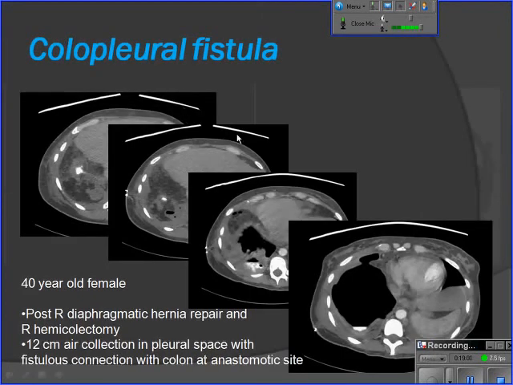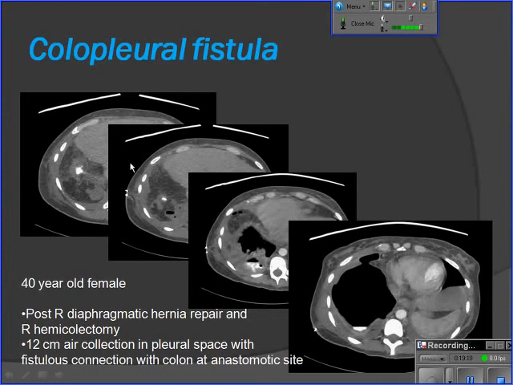And this case is really, I think, interesting. It's also from our institution, and it's an example of a colopleural fistula. So it's a 40-year-old female, and she had right diaphragmatic hernia repair, as well as resection of part of her right hemicolon.